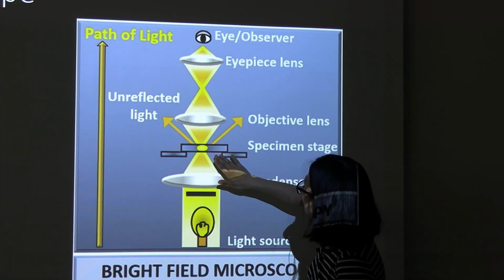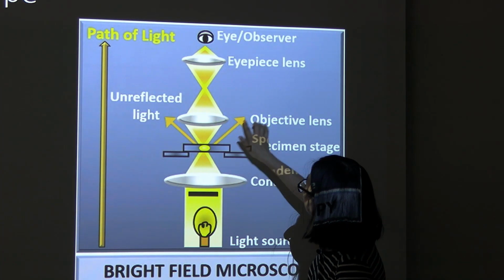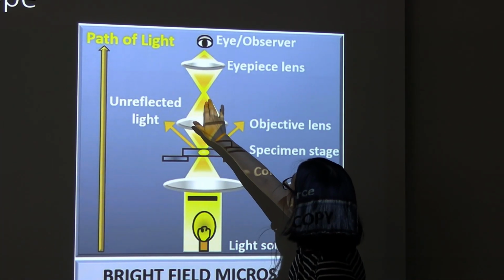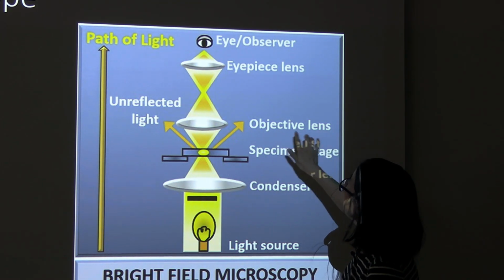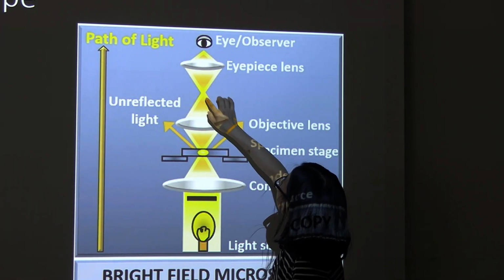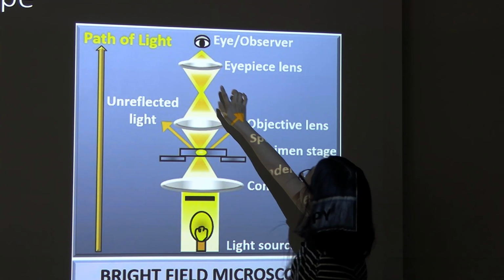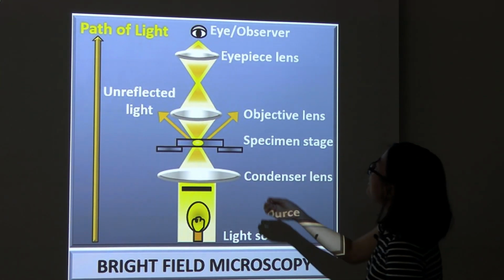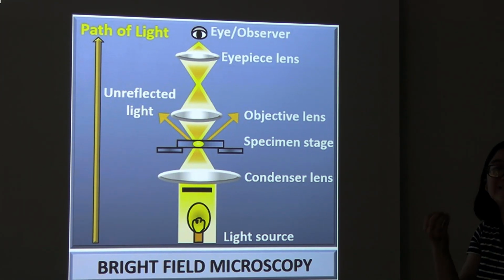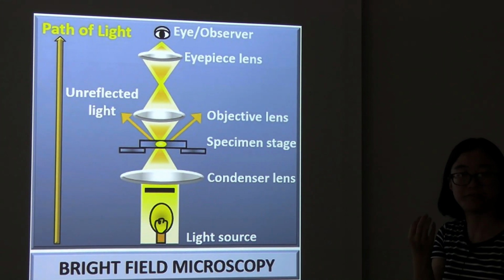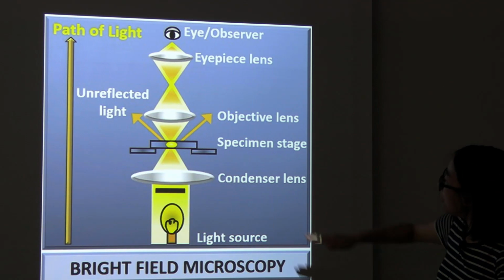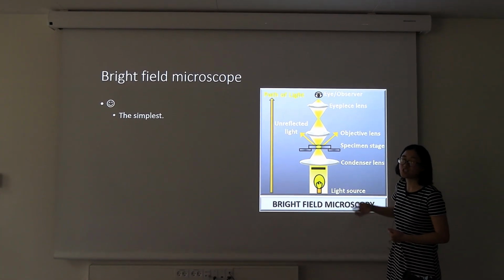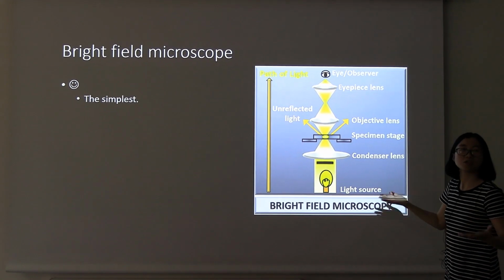Then the light from the sample is refocused by the objective lens, goes through the lens in the eyepieces, and finally falls at the back of your eye, and then you can see the image of your sample. During this light path, there are no changes. It just goes as in nature.